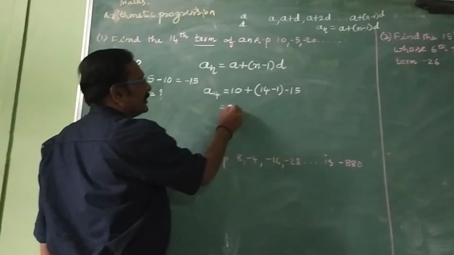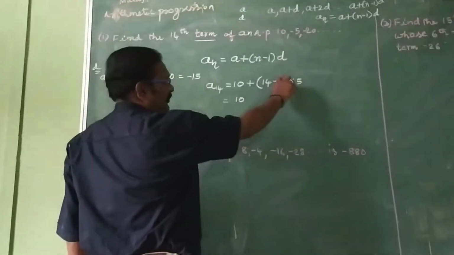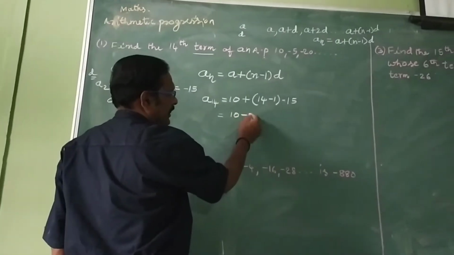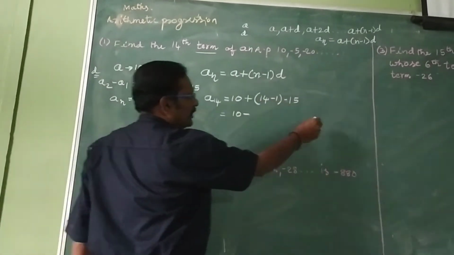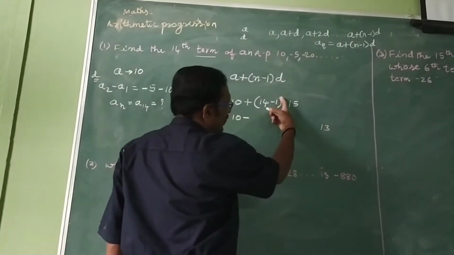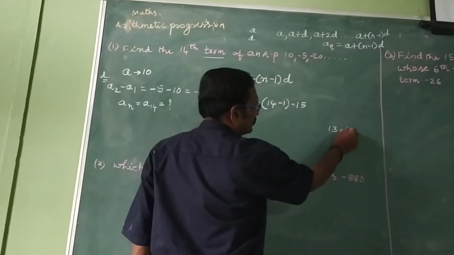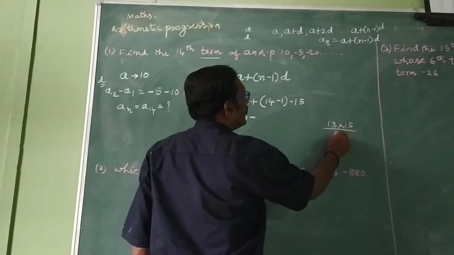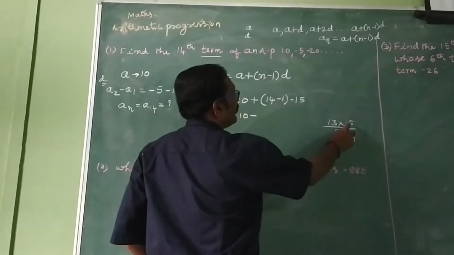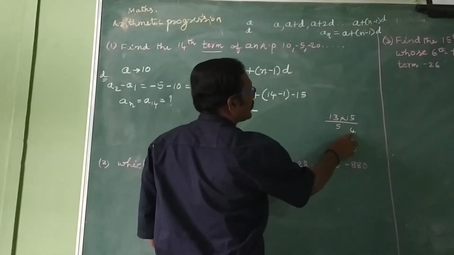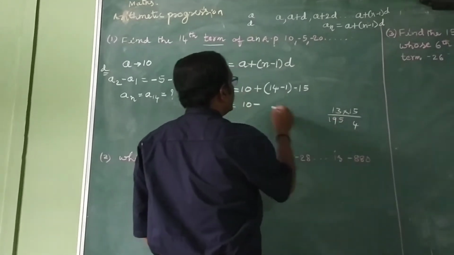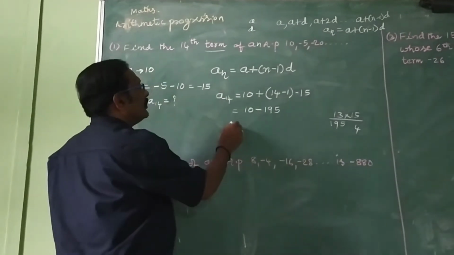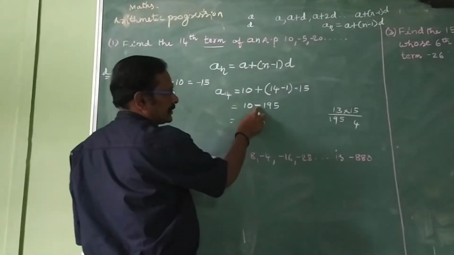Now simplify. 10, plus into minus will become minus. 14 minus 1 is 13, into 15. 15 threes are 45, 15 ones are 15, 150 plus 45 is 195. So when plus and minus come, subtract.